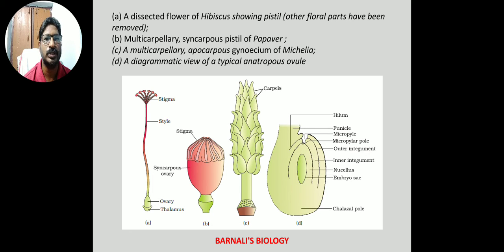Figure D shows a typical anatropous ovule. Please mark the labeling. We have got hilum, funicle, micropyle, micropylar pole, outer integument, inner integument, nucellus, embryo sac and chalazal pole. Let us learn about these terms.